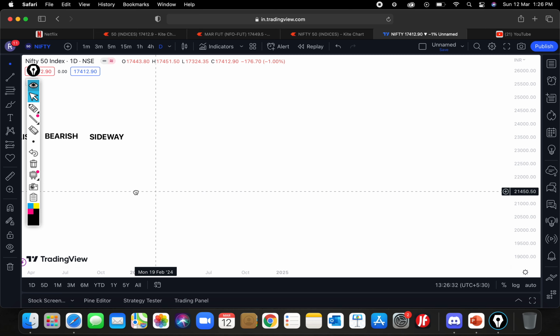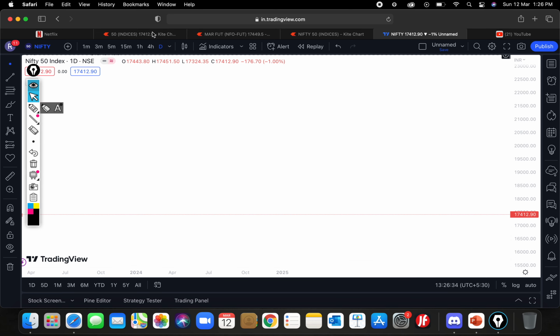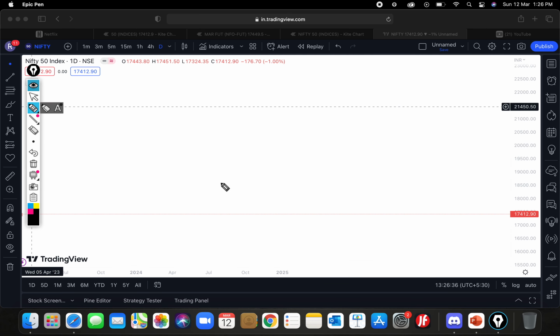So let's see what a change of character is. For example, let's say the market is already on a bullish trend. So we know if it's a bullish trend, we will have higher lows and higher highs.